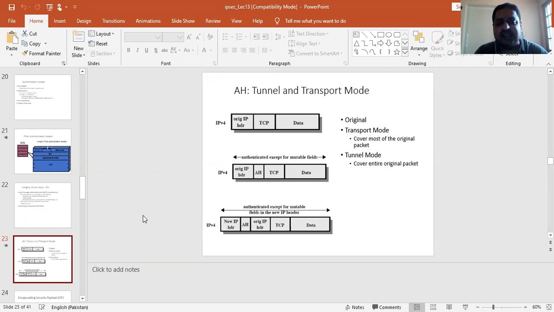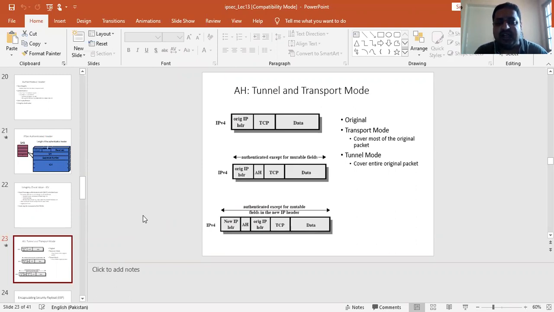We also discussed different modes like the tunnel mode and the transport mode. That is used in both IP version 4 and IP version 6, for example.